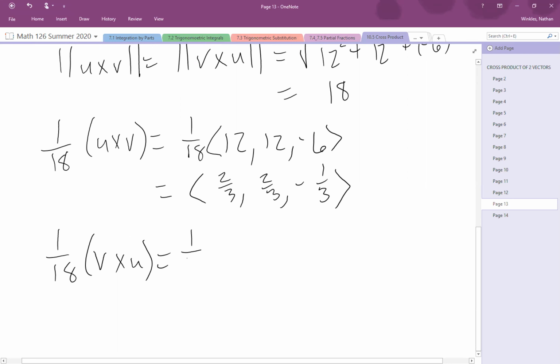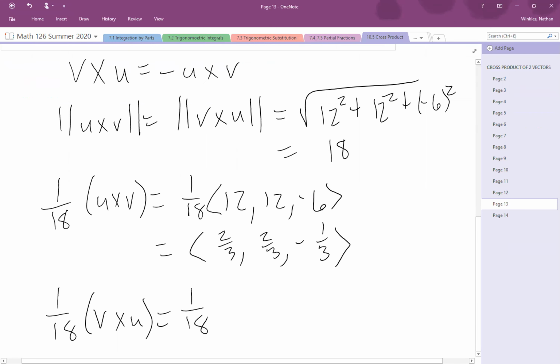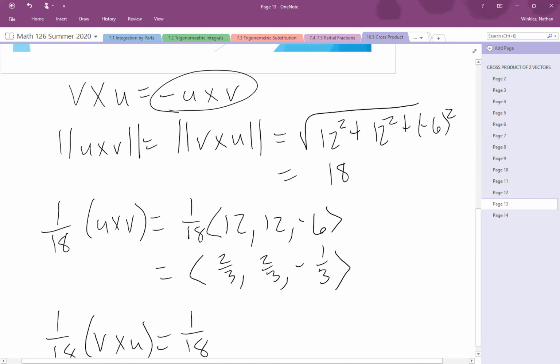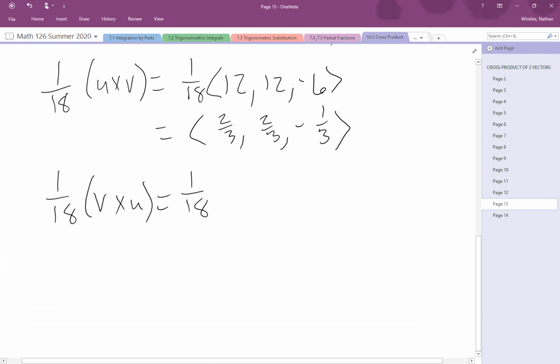Remember back up here, v cross u is just minus u cross v. So what that just means is we're going to change all of our entries. So that's 1/18 times negative 12, negative 12, 6, which is the vector negative 2/3, negative 2/3, 1/3. So both of these vectors are normal to the plane that contains u and v.